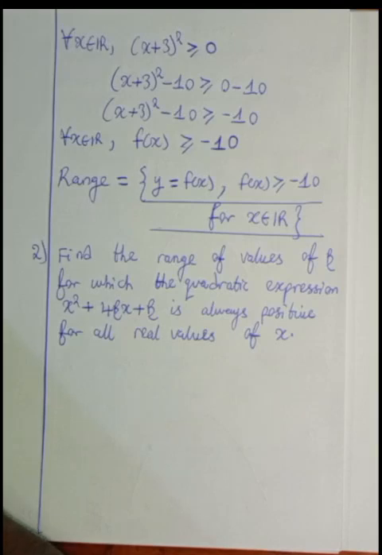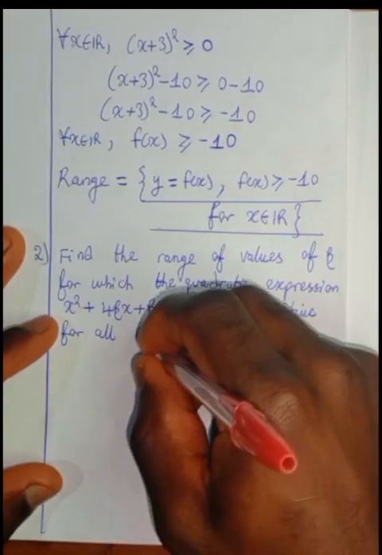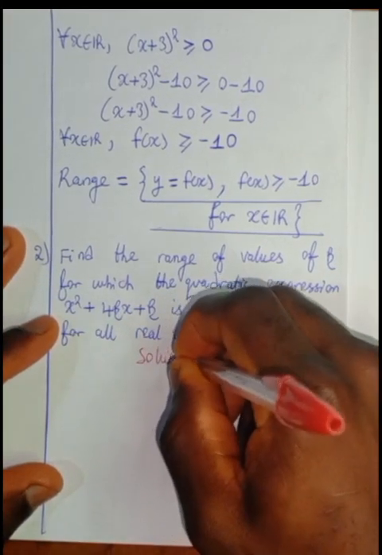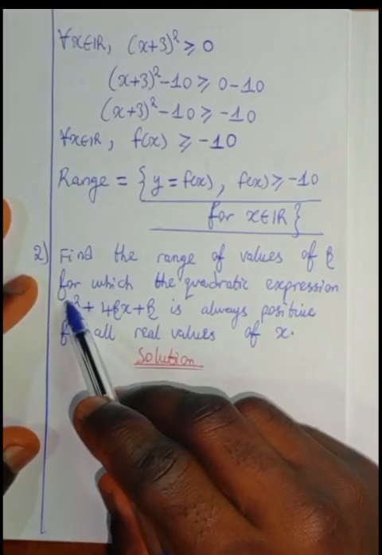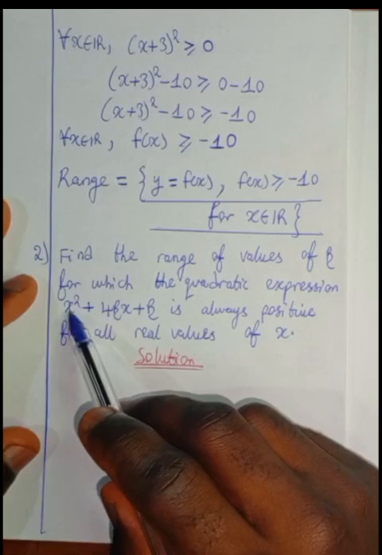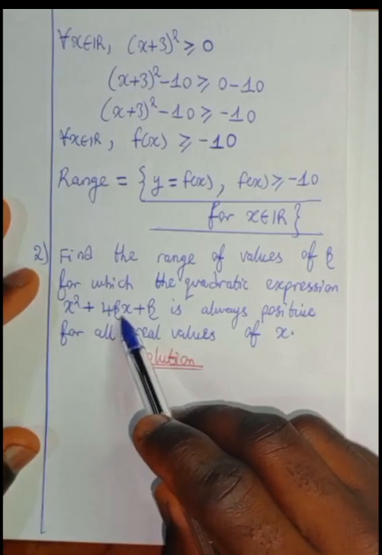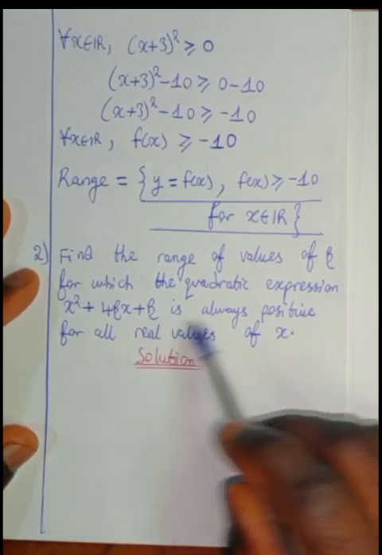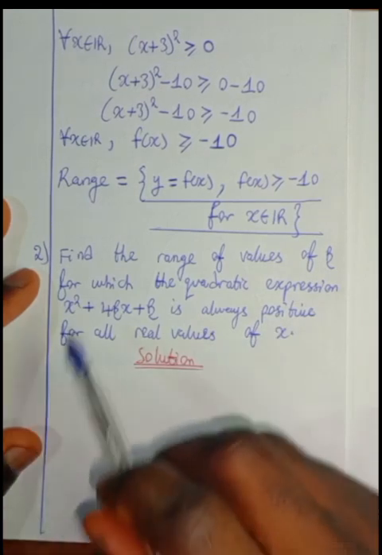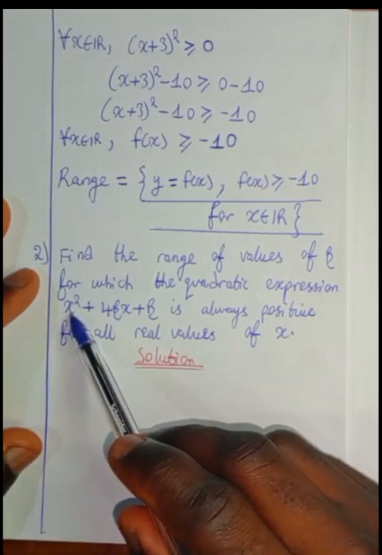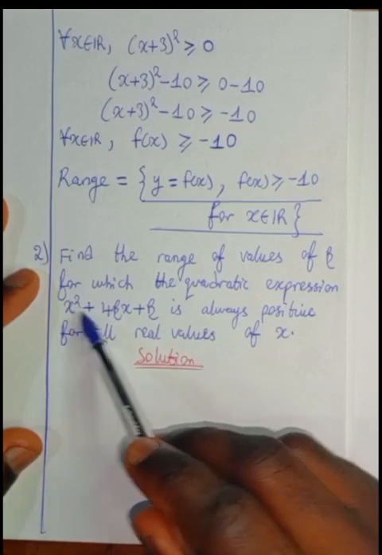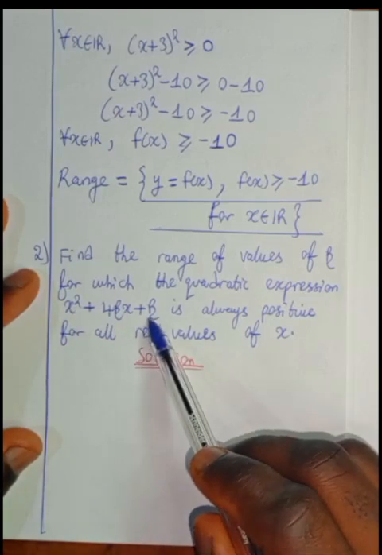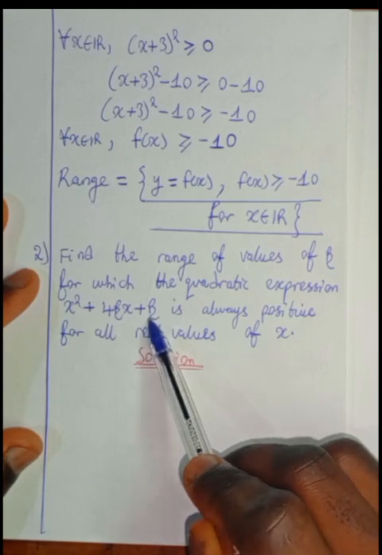We take the solution. We know for the quadratic expression x squared plus 4 beta x plus beta to always be positive, that means the graph of this quadratic function does not touch the x-axis.